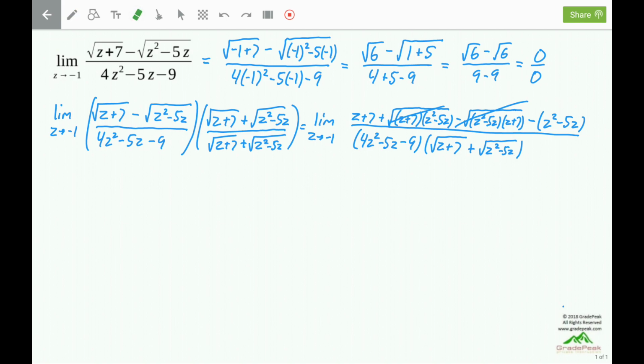The next step is to distribute the negative sign in the numerator onto this expression here. So let's do that.